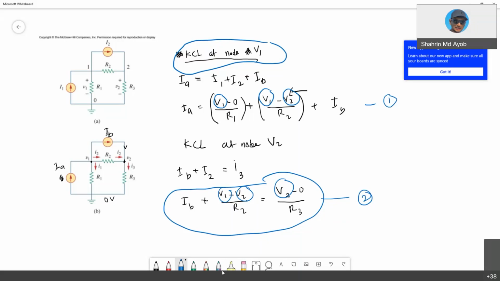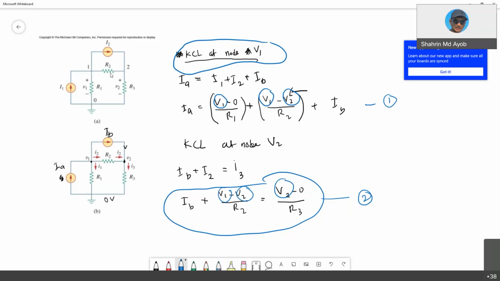In node voltage analysis, the main objective is to find the values of V1 and V2. After you get the values of the node voltages, you can proceed with the questions.